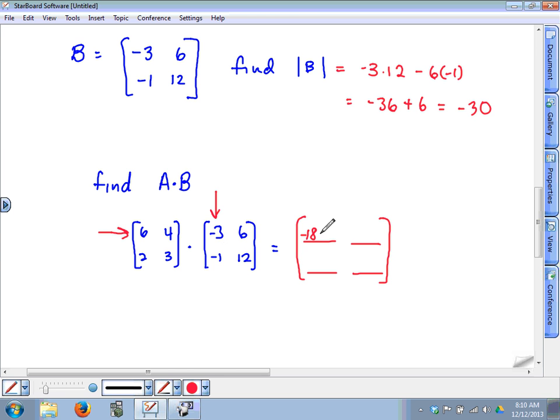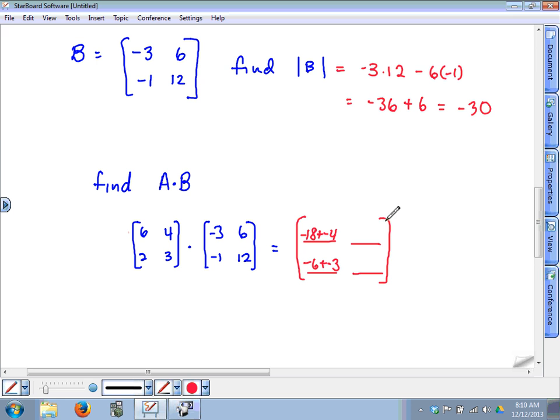You add that to 4 times -1. Okay, to find the entry beneath that, you need the second row first column. So 2 times -3 is -6. You add that to 3 times -1, which is -3.